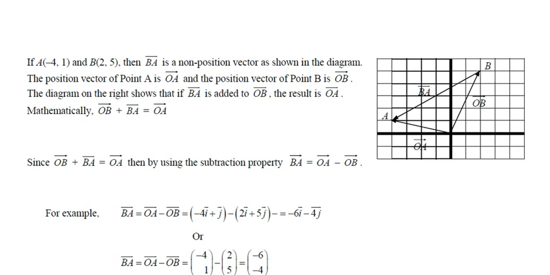The diagram on the right shows that if BA is added to OB, the result will be OA. Mathematically, OB plus BA equals OA. Since that's true, using the subtraction property, BA is equal to OA minus OB.